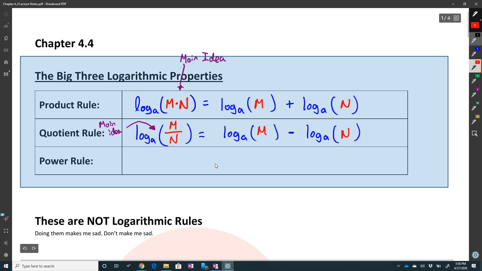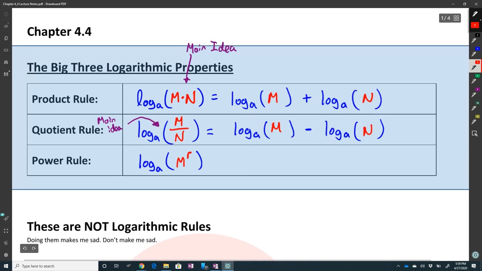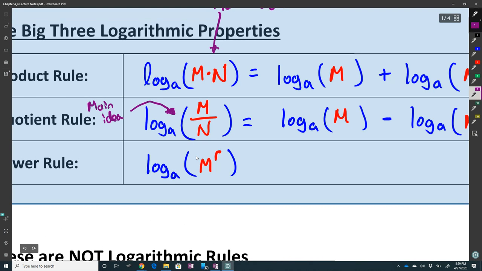And then finally, the power rule. The power rule says that if I have log base A, if I have a power, M to the r. So if the power is the main idea, meaning that in the entire log, the main thing happening is the exponent, you can tell what's the main idea by using your order of operations.